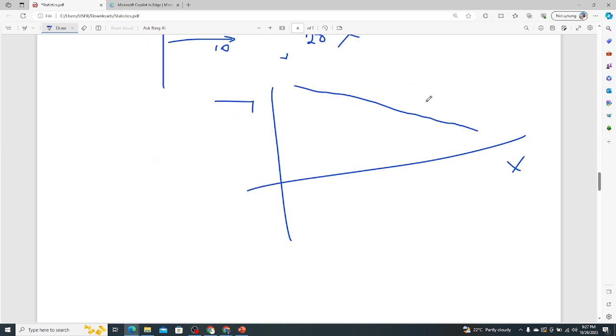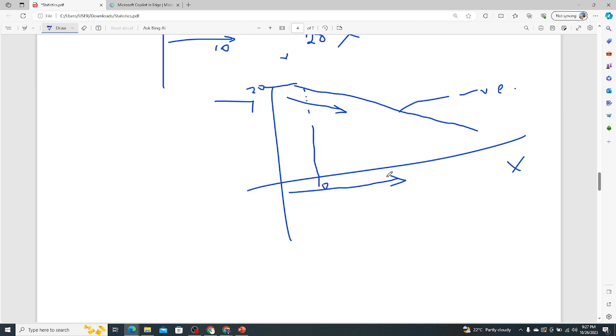What about the case of a negative linear regression line? In this case, as the value of x increases, the value of y decreases. Let's take the example of the y value at an x value of 10. Let's assume here it's 20.